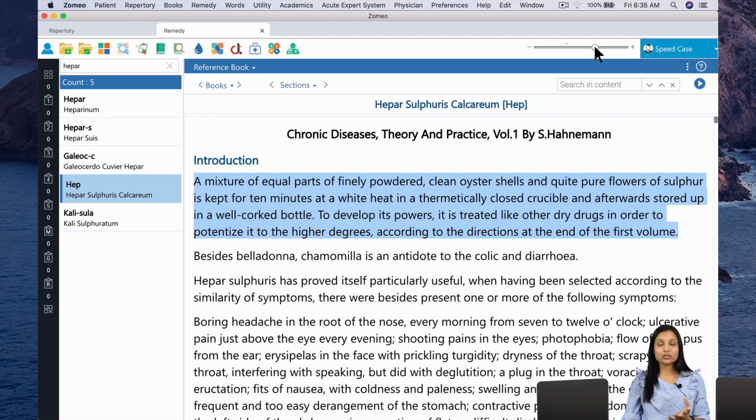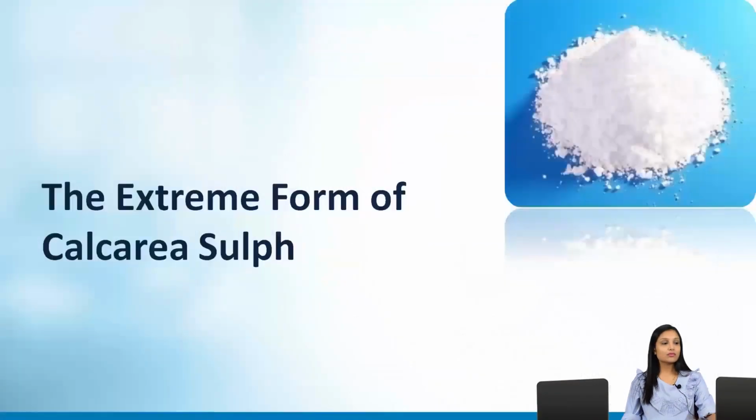It contains both the elements of calcium as well as sulfur. So when you combine calcium and sulfur in this form, Hepar Sulph is formed. And that is why, because it is an impure form of Calcarea Sulph, if you carefully read Hepar Sulph and Calcarea Sulph from source books, you will realize that Hepar Sulph is nothing but the extreme form of Calcarea Sulph.